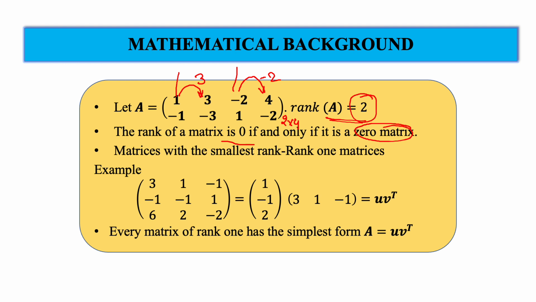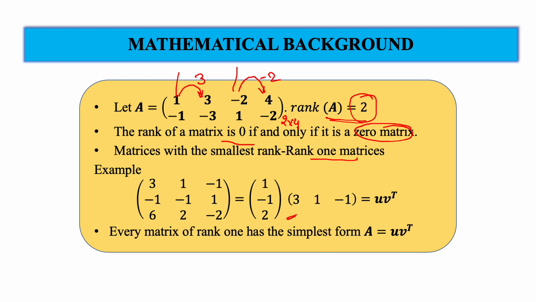In our course we will come across some situations where we will have to add a matrix of smallest rank to some existing matrix. The non-trivial matrix with the smallest rank is a rank 1 matrix. One such example of a rank 1 matrix is given here.